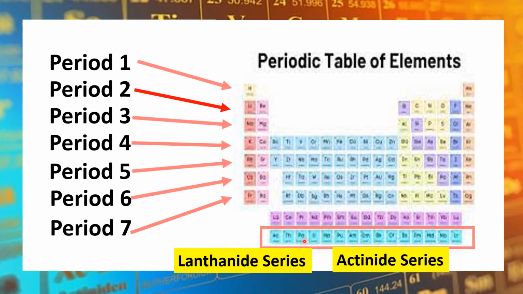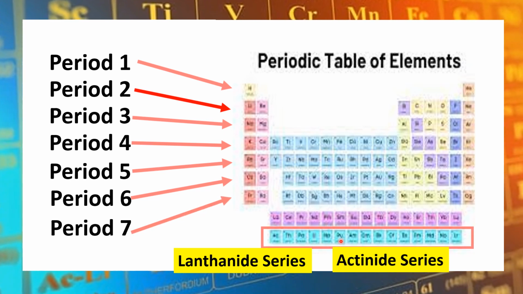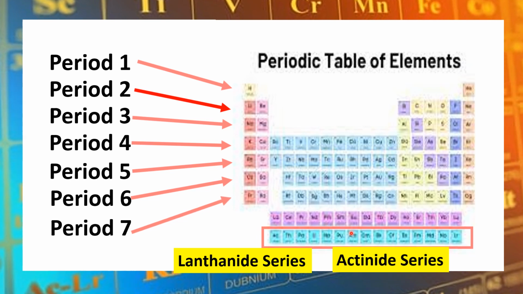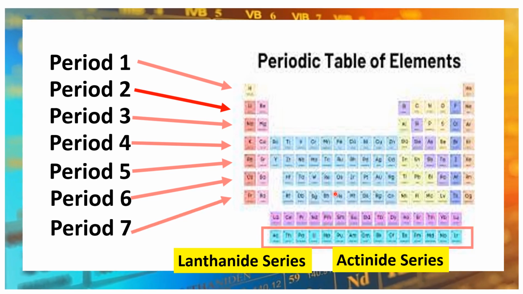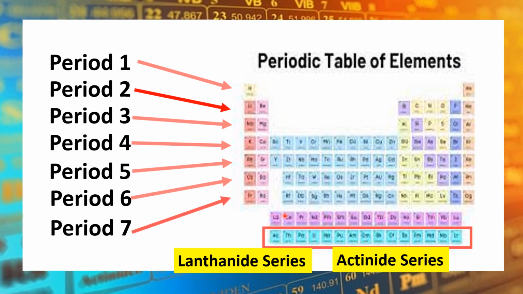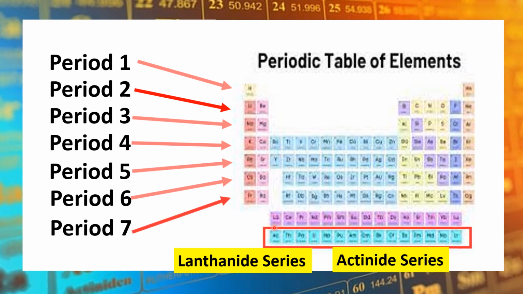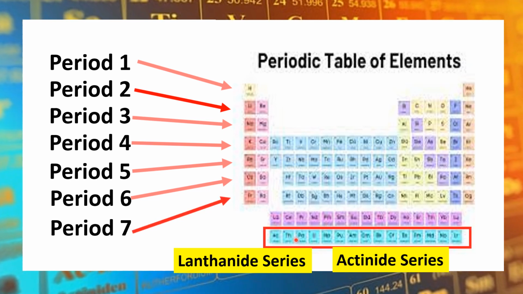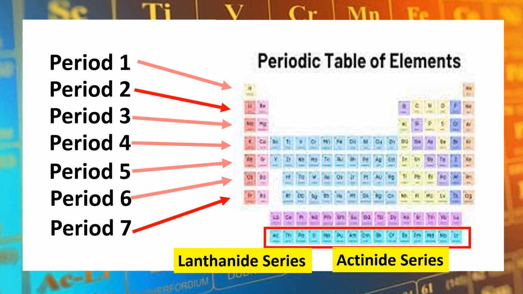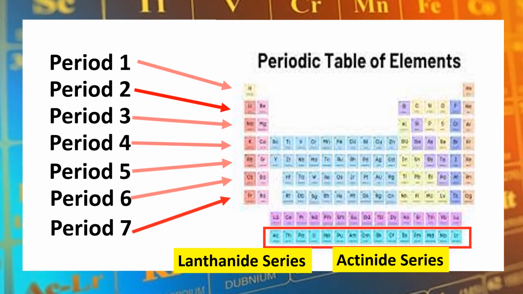Period 7 also includes the actinide series, supposed to be inserted after the element radium. The farthest element within period 7 is the synthetic element livermorium, with symbol capital L, small v, and with an atomic number 116.